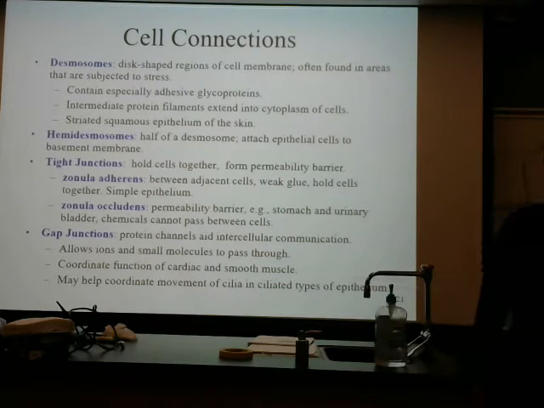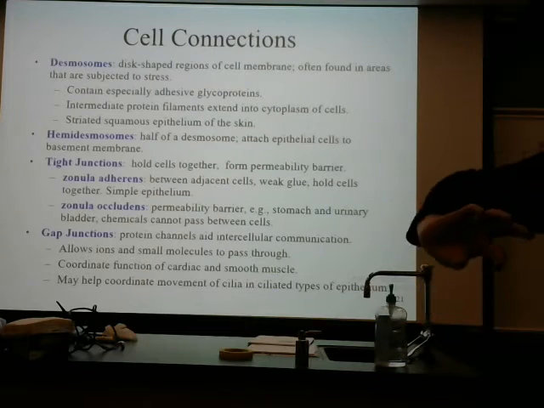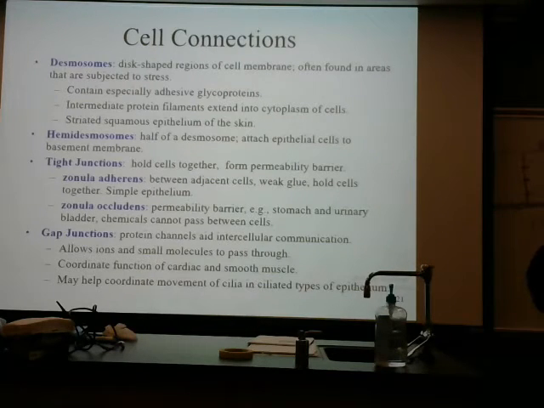In the gap junctions, the myocardium, the cells of the heart, cardiac cells, they are dependent on ions moving through the gap junctions. When the heart beats, it looks like it moves as one unit, but it doesn't.